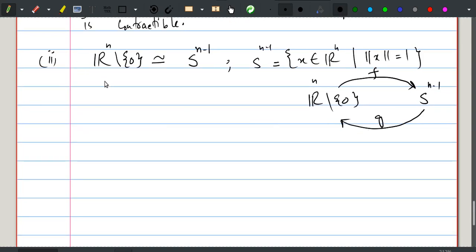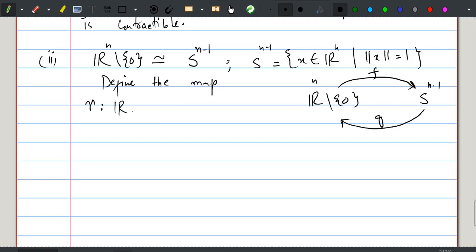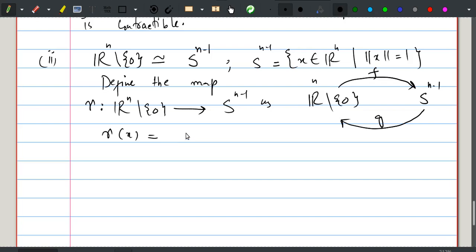Define the map R from Rn set minus 0 to Sn minus 1 as R of x is the vector x over its norm.